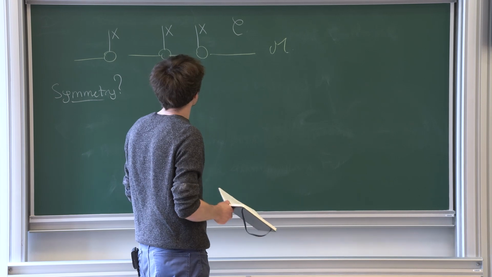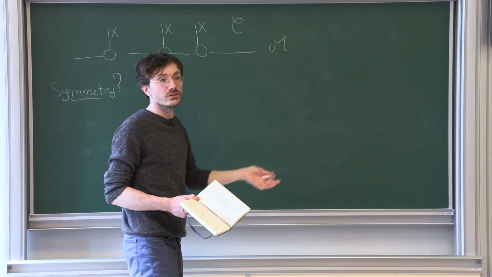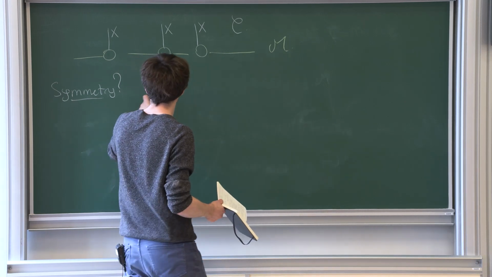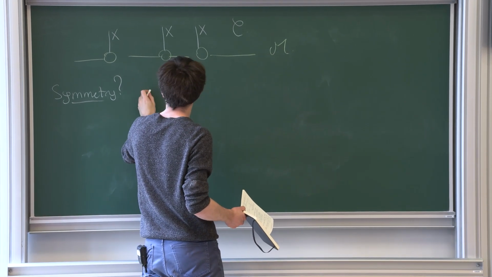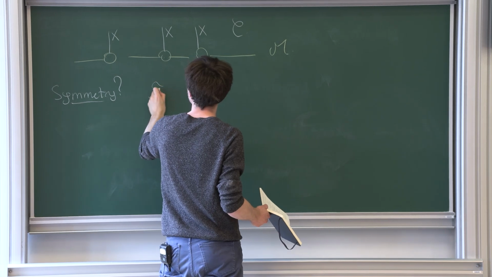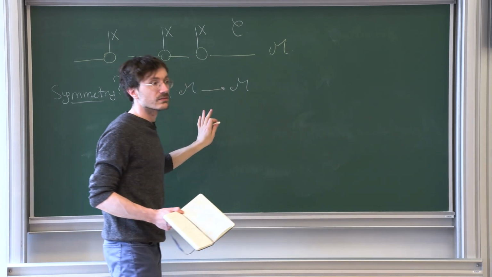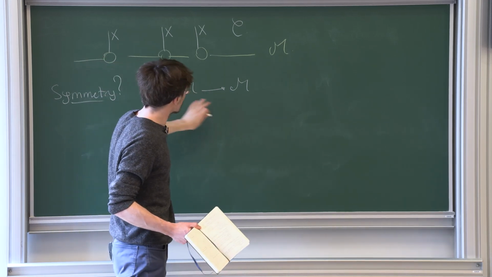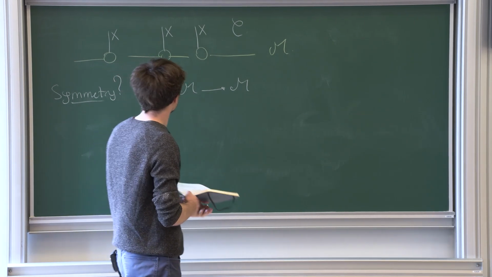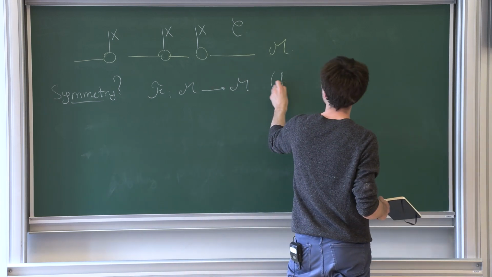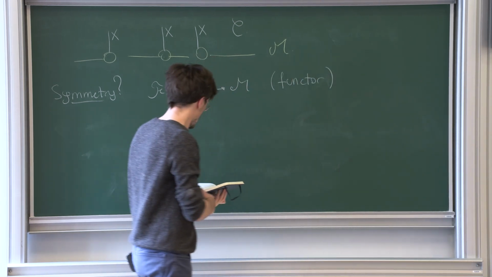It should be some operation or map that takes module degrees of freedom to module degrees of freedom, because these are really the degrees of freedom. So we want something that takes objects and morphisms in the module category to objects and morphisms in the module category. This is what we call a functor in the category-theoretic language.